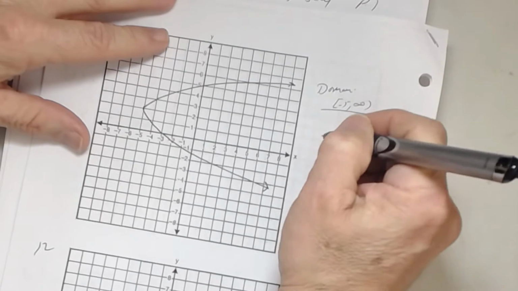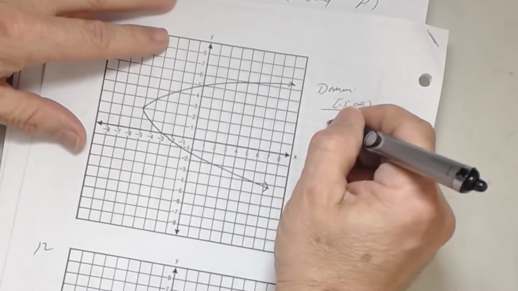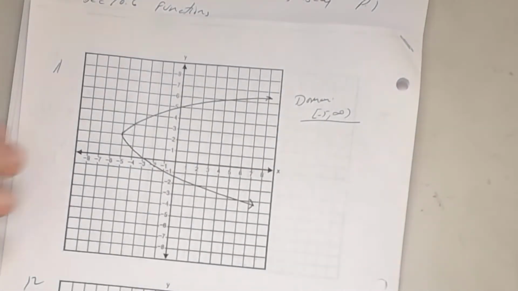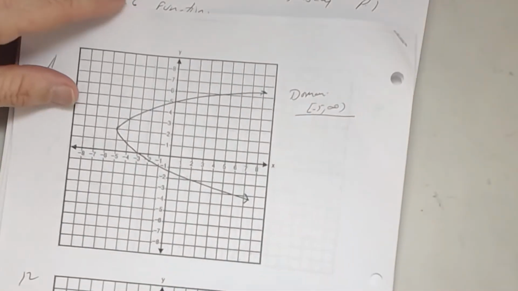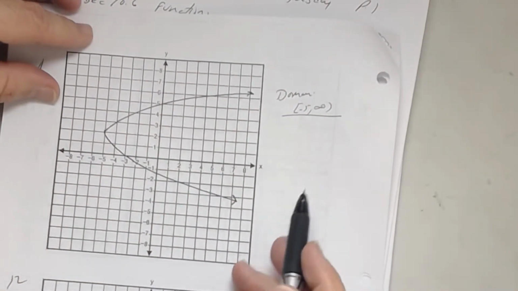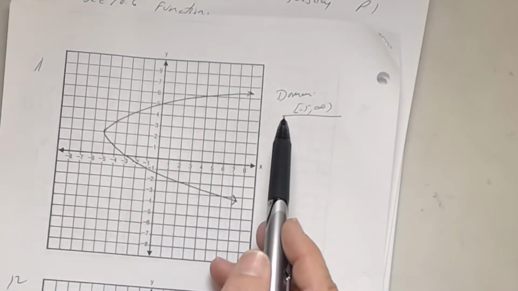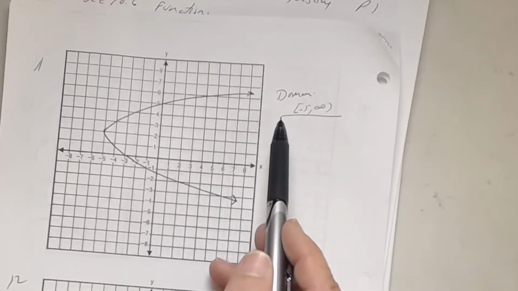What is that as an inequality? -5 is less than or equal to x is less than or equal to infinity.